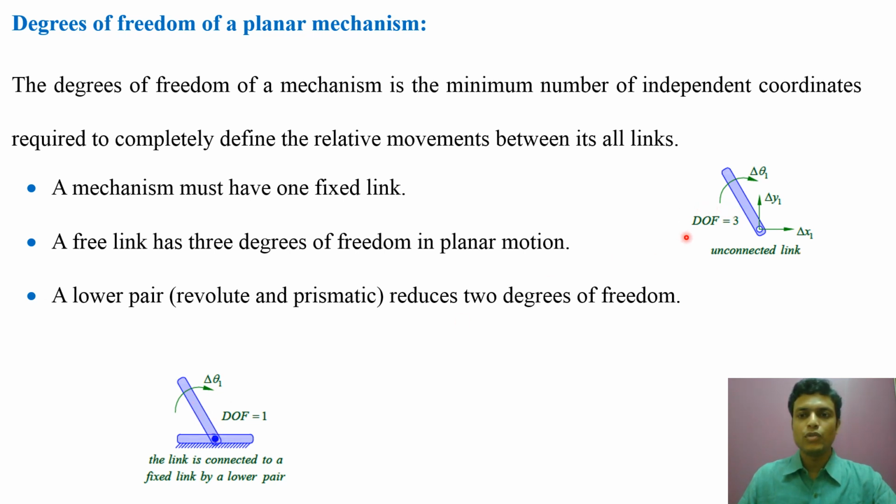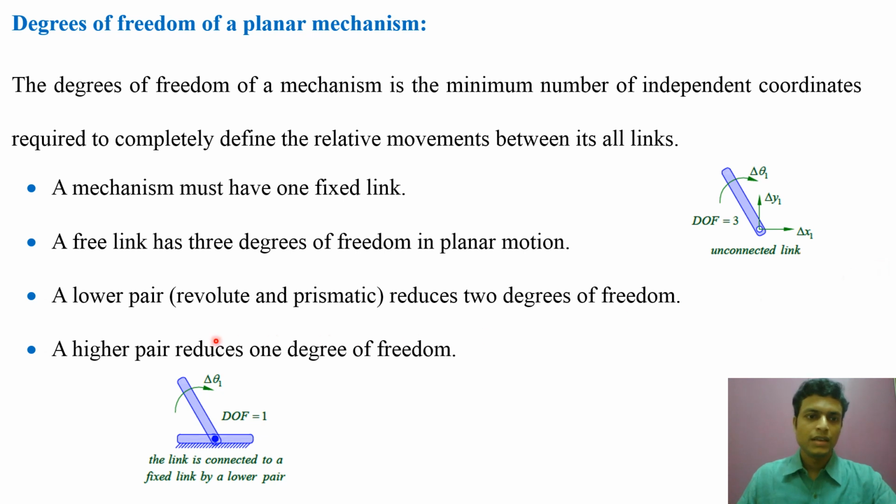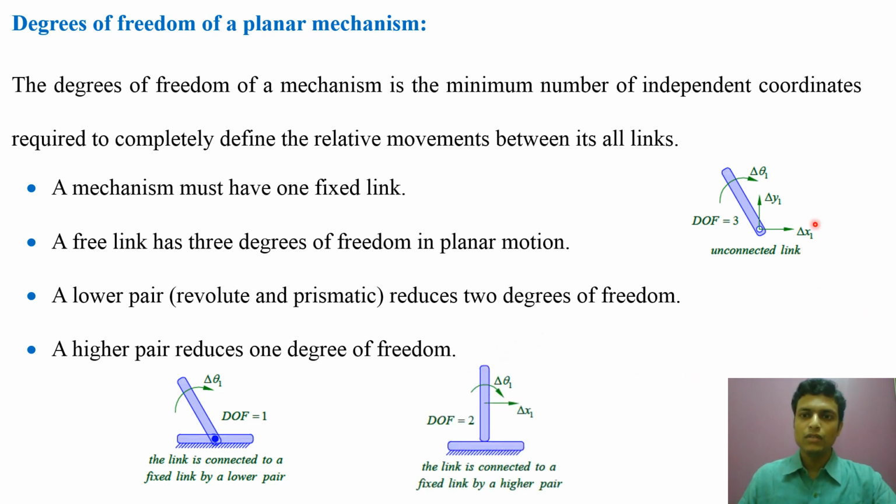So degrees of freedom was 3 when it was unconnected. Now when it is connected to a fixed link by a revolute pair or lower pair, the degrees of freedom becomes 1. So 2 degrees of freedom have been reduced. Next point: a higher pair reduces 1 degree of freedom. Let me explain this. Now this free link is connected to the fixed link by a higher pair.